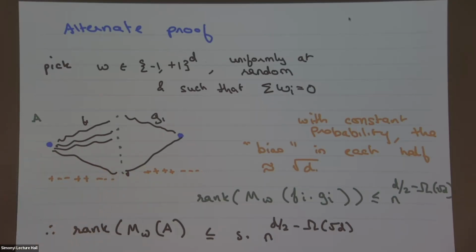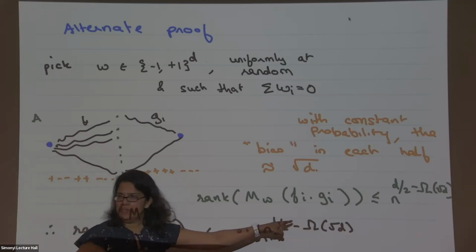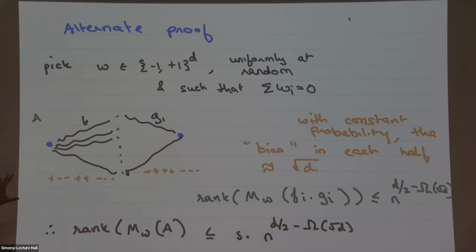These matrices will not be square, and we'll get a loss of n to the square root d in the rank of the matrix here, a loss of n to the square root d there, and overall an n to the square root d loss. So the final big polynomial that you get will have rank equal to this maximal rank minus omega of square root d in the exponent.